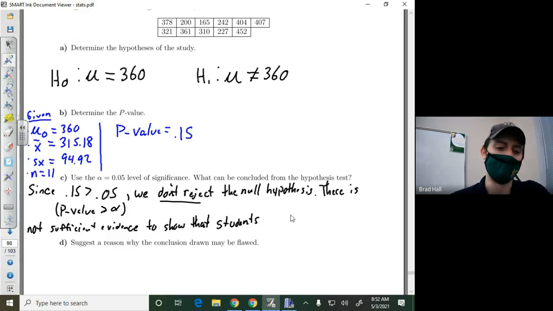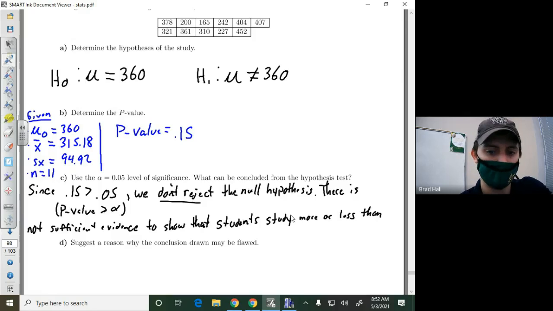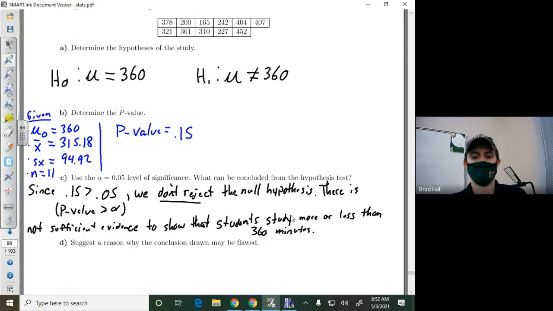There's not sufficient evidence to show that students study more or less than 360 minutes. Can't really think of how else to word that. More or less than that. So far from this data set, it's about 360 minutes on average. And with the standard deviation as it is, it doesn't deviate enough for us to assume otherwise.